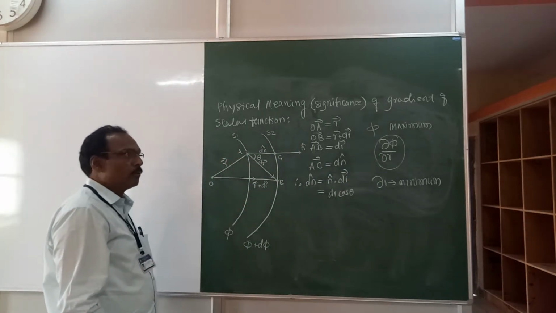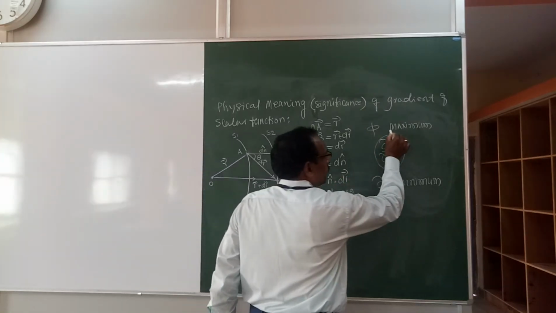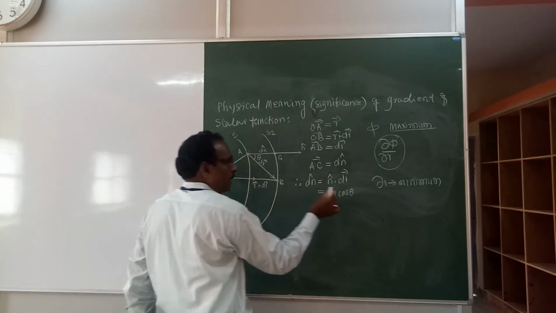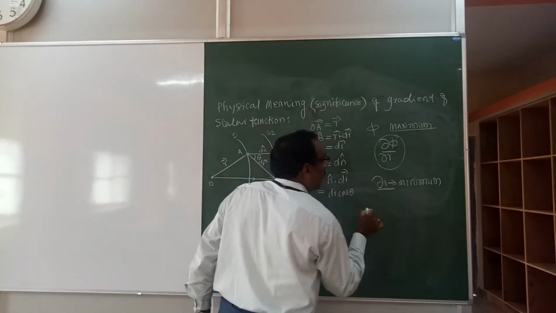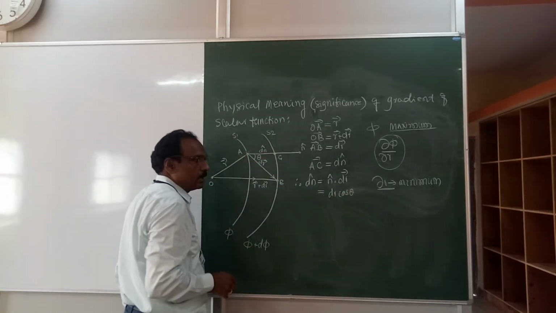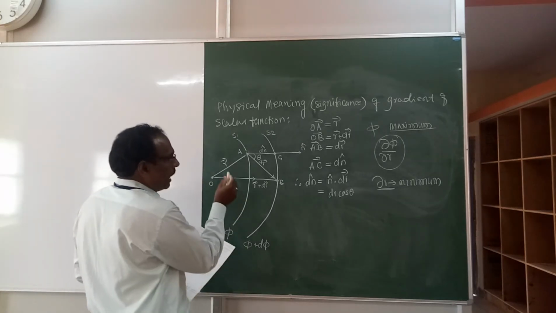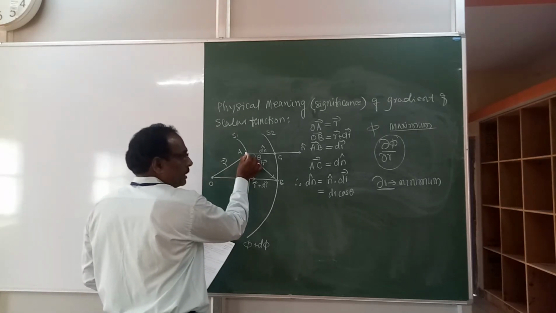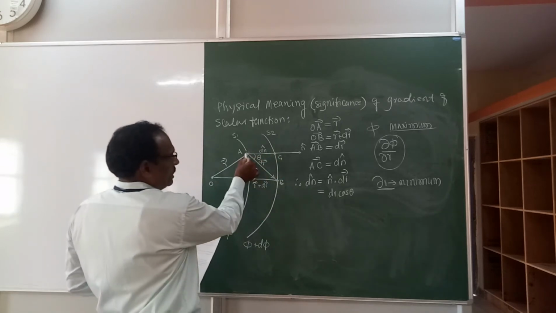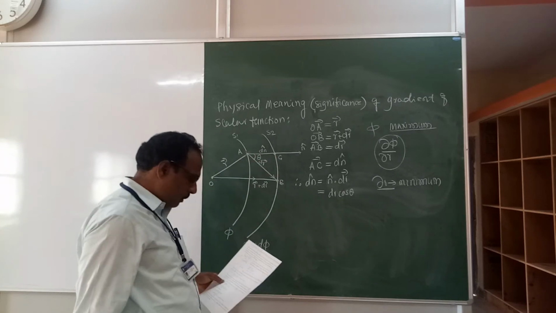The rate of increase of a scalar function will be maximum at A where dr is minimum, and dr will be minimum when it is the least distance between the two surfaces, that is AC, the least distance along the normal.